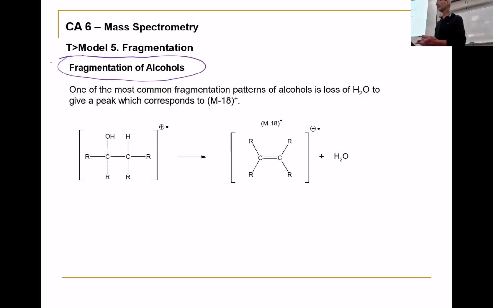Those R groups could be hydrogens, they could be carbons. And I'm saying that what can happen is the OH from the alcohol can combine with a hydrogen that's on an adjacent carbon to result in an M-18 fragment that's detected by the mass spec.